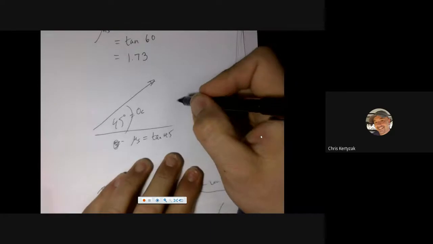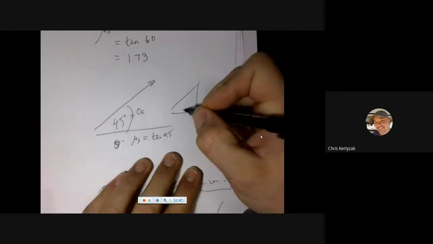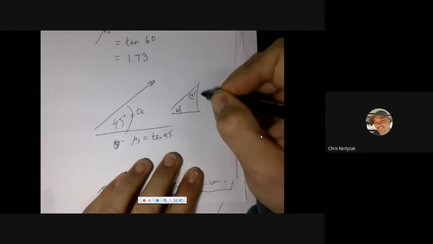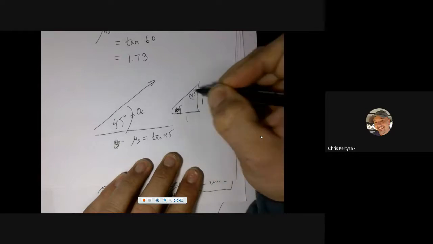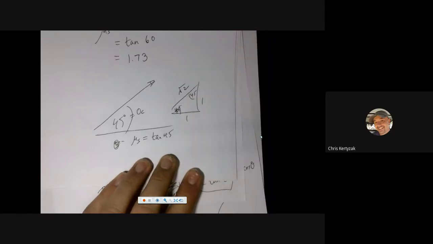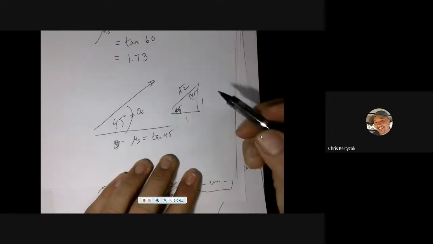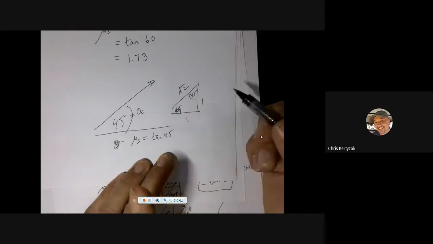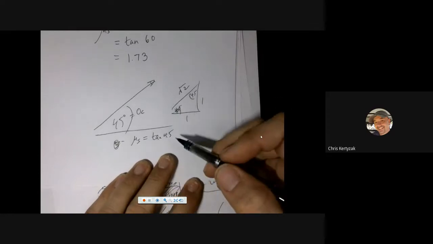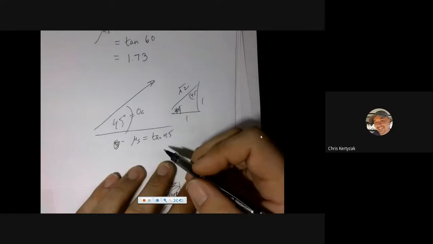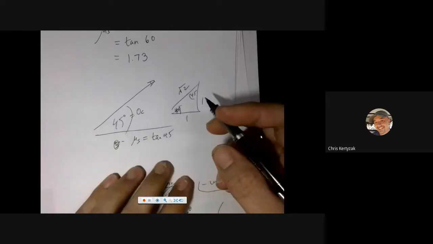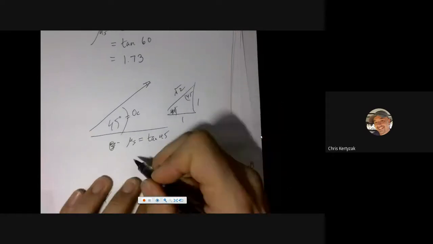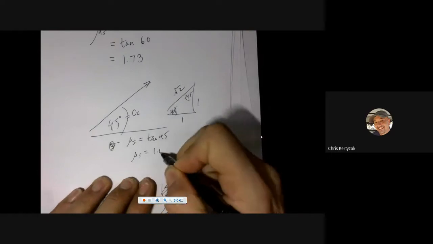That's our 45, 45, 90 triangle, isn't it? It is. Isn't that the 1, 1, root 2? It is. So tangent is opposite over adjacent. That's 1 over 1, right? Because only the hypotenuse is root 2. So tangent of 45 is 1 over 1, which is 1. Therefore, the coefficient of static friction is just 1.0.